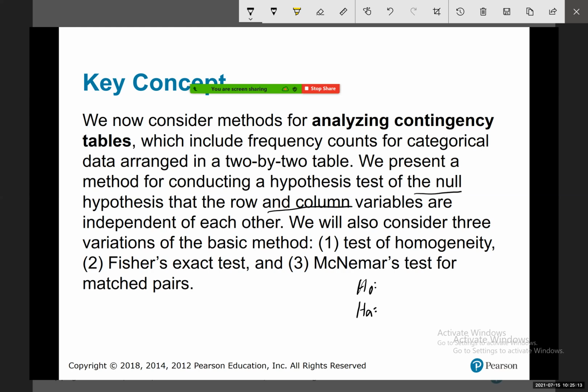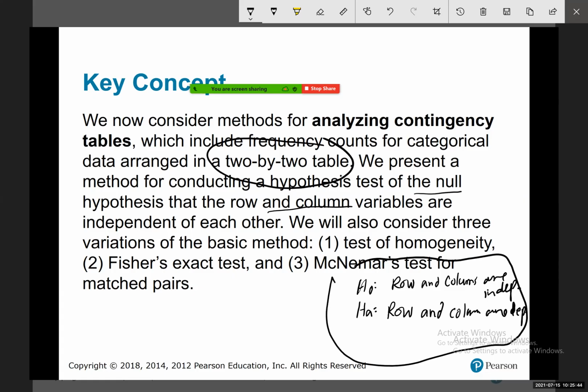The null hypothesis says that the rows and columns are independent. So you're going to see through examples what that is. And then the alternative of independent would be dependent. So rows and columns are dependent, for the entire two-way table. So the null is always that they are independent of each other, and the alternative is that they are dependent.